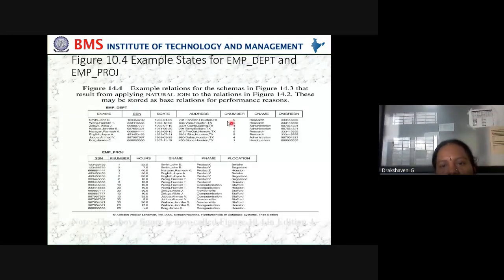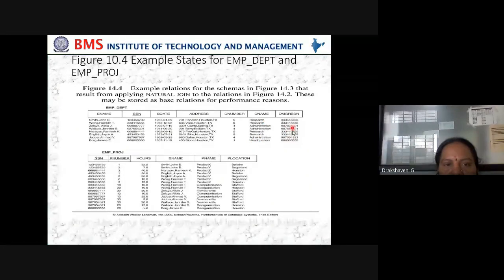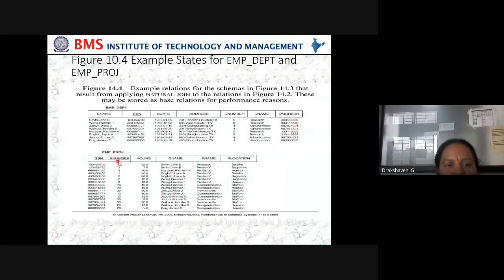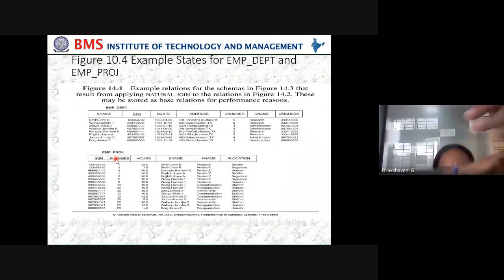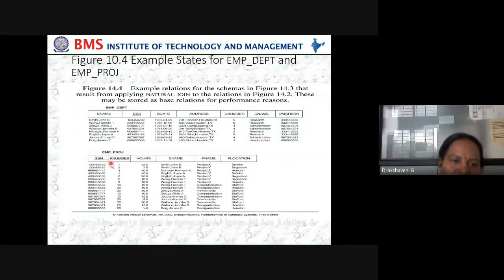The same way you can see these are the values we have inserted into employee department and employee project. In the employee department, these are the employee names, and this is the social security number. This is the birth date, address, and which department each employee is working in. What is the department name and what is the manager social security number. Along with this, the employee project: which employee, with SSN, is working for which project, how many hours he is working, and the name of that particular employee.